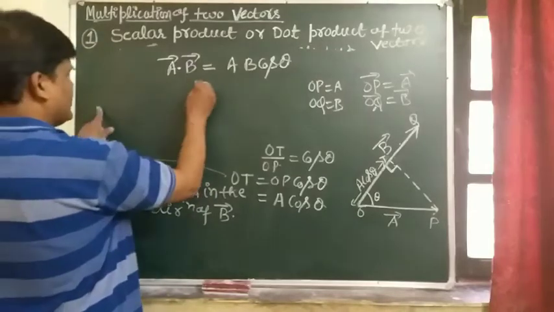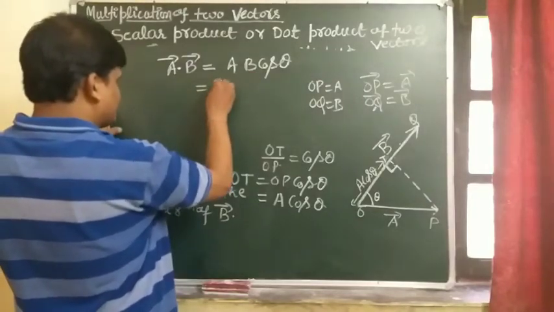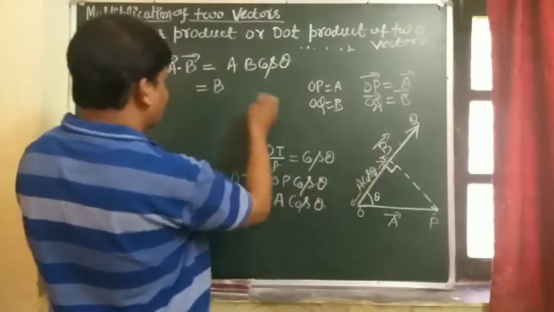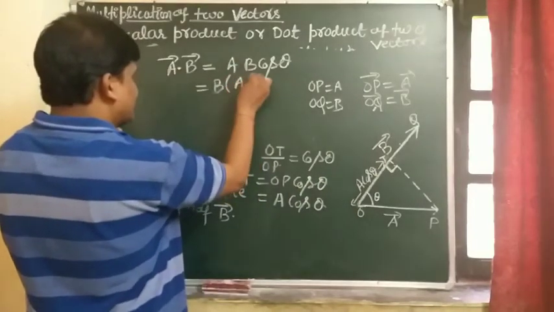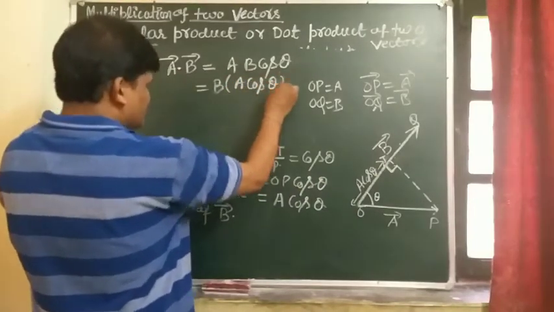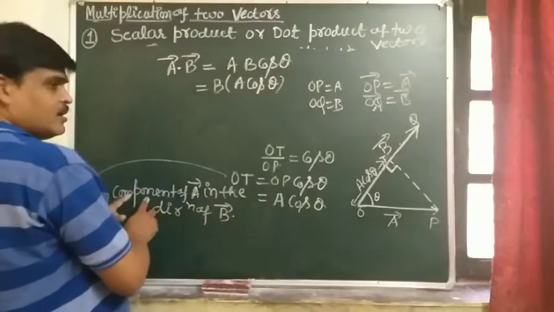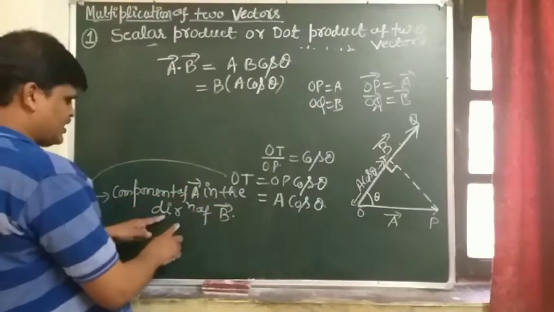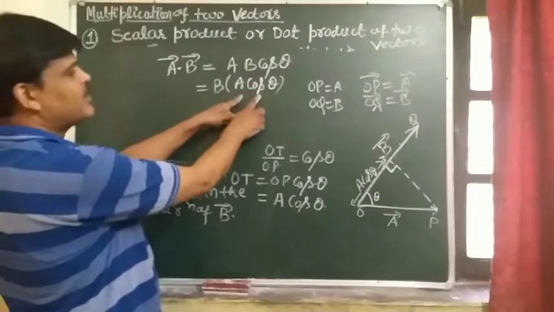So the formula can be written with the second vector B, and A cos theta. A cos theta is the component of A in the direction of B, which is the magnitude.